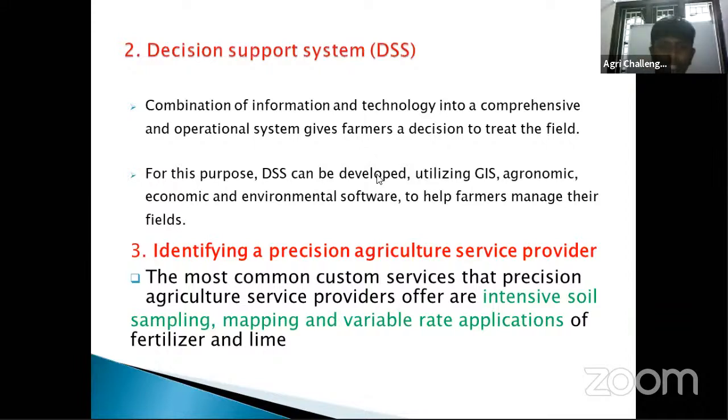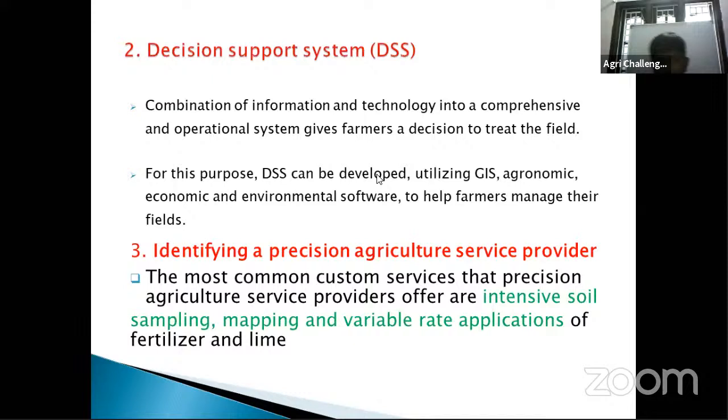Then next thing is identification of precision agriculture service providers. Okay, this is also one of the management aspects. I am a farmer of 20 acres. I can't buy a variable rate applicator or equipment having a 50 lakhs cost. Then what do I do?